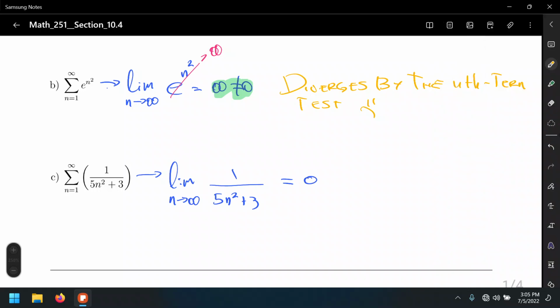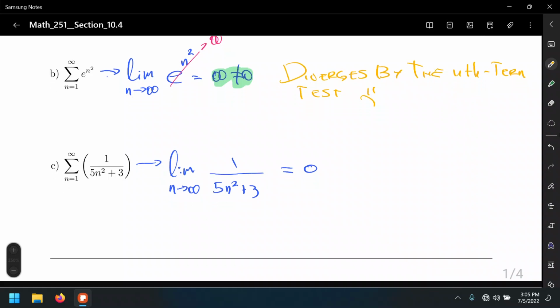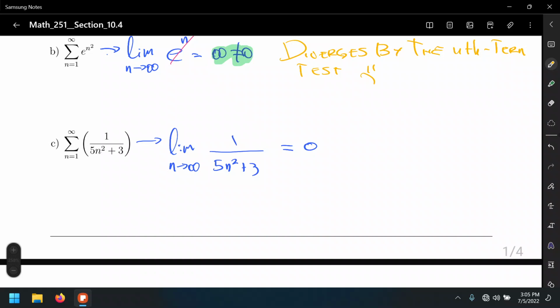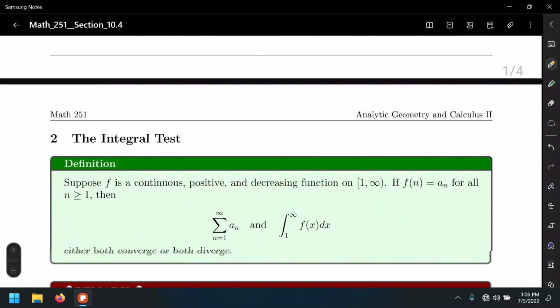Of course, later in the chapter, we will look for other tools to look at the convergence or divergence of this one. So, inconclusive. Okay, we know what it is. Let's see what's next. We have enough time.